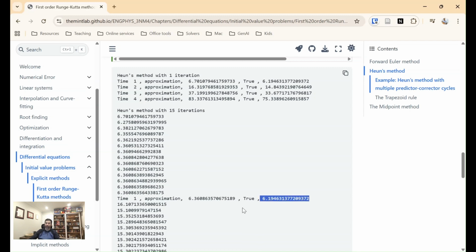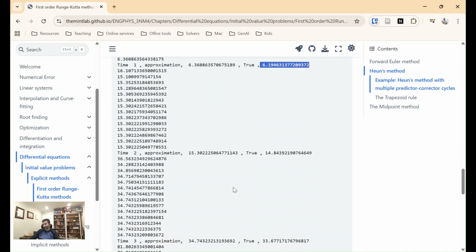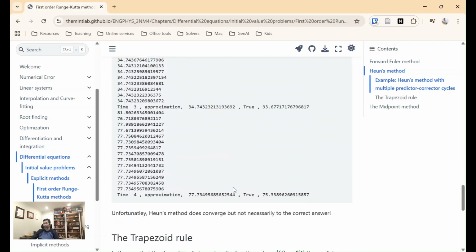So the predictor corrector finds something, and it does actually converge on that something, but it doesn't converge on the right thing, which is a problem, right? And this is kind of indicative. Even at time 4, originally we had something on the order of 80. This does bring it down to 77, but the answer is still 75. So we haven't actually achieved arbitrary accuracy. All we've done is converge on a solution which is not the correct solution, which is unfortunate.